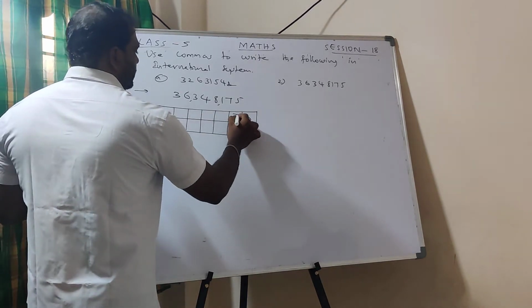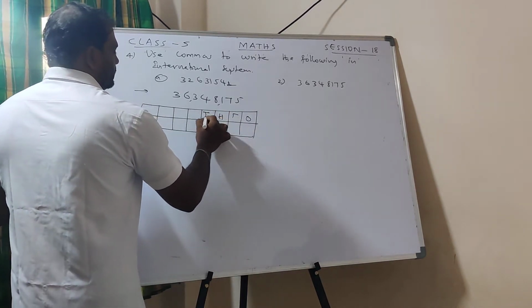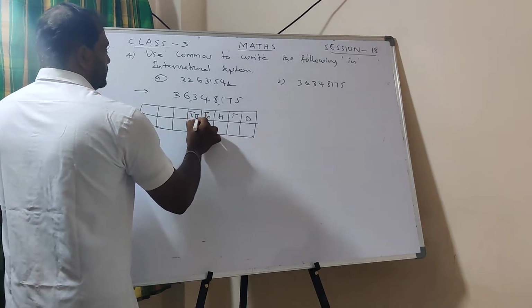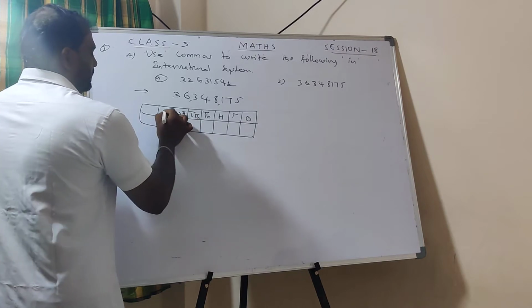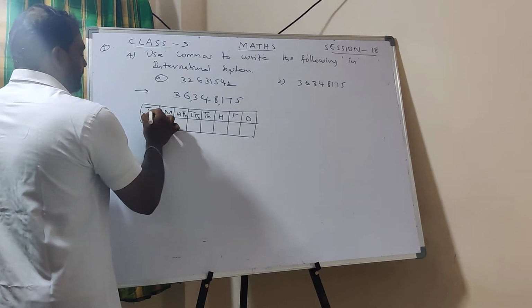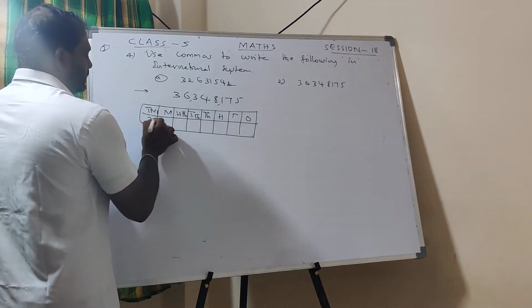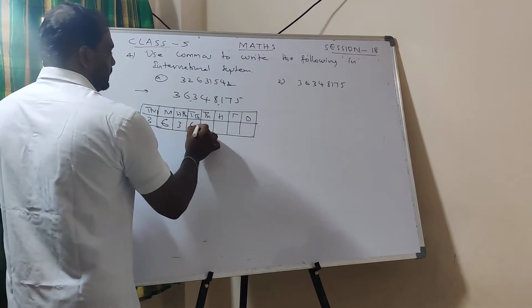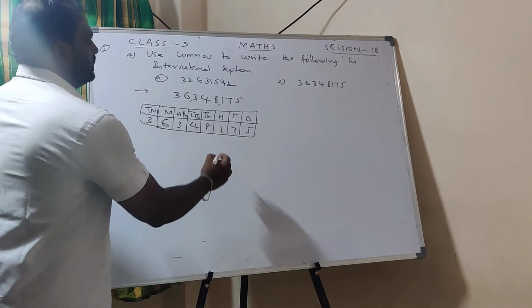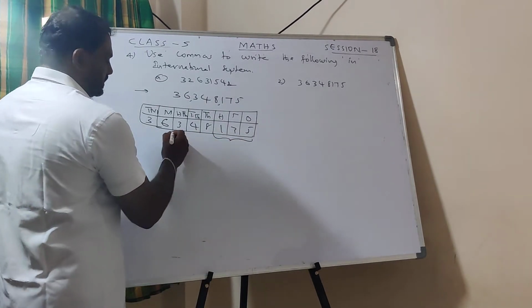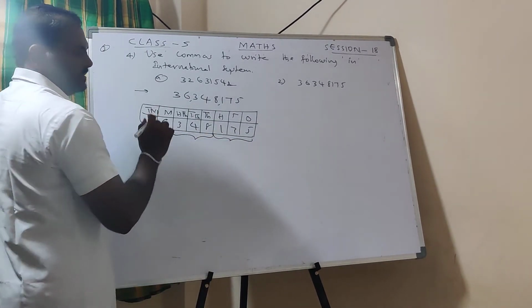So ones, tens, hundreds, thousands, ten thousands, hundred thousands, millions and 10 millions, and this is 36, 3, 4, 8, 1, 7, 5. Now read it: 3 numbers, then 3 numbers, then 2 numbers.